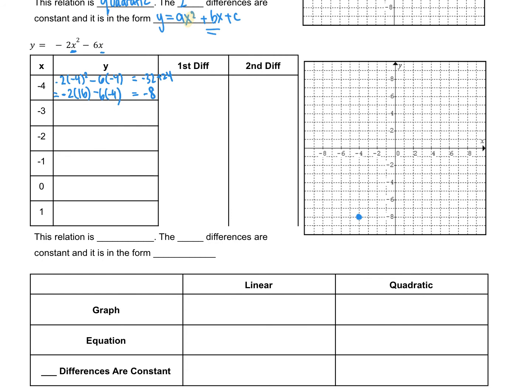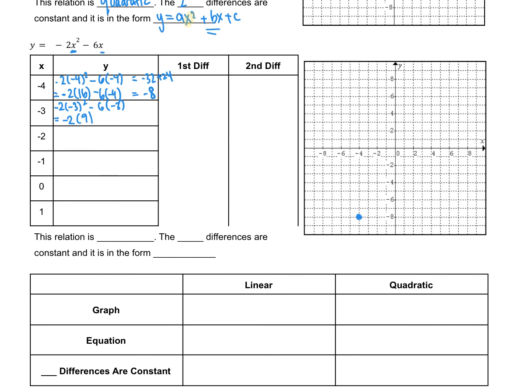Now let's try the next one. And if the table is too small for you, you can do it on a separate piece of paper as well. And the reason it's so small is because you don't actually have to do BEDMAS to get your value. I do expect to see that first line. Okay. So -3 squared is 9.